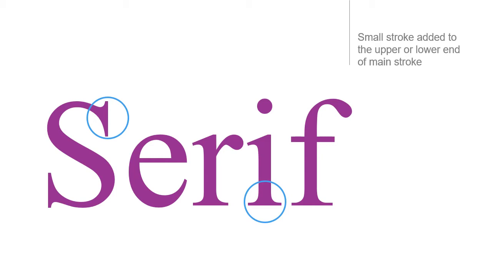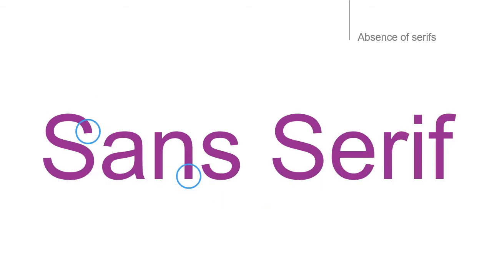So simple enough: if you see serifs, it is a serif font. Similarly, if you look in those same spots and you don't see small strokes or serifs, it is a font lacking serifs, or sans serif. So there you go. The absence of serifs is the actual definition of sans serif.